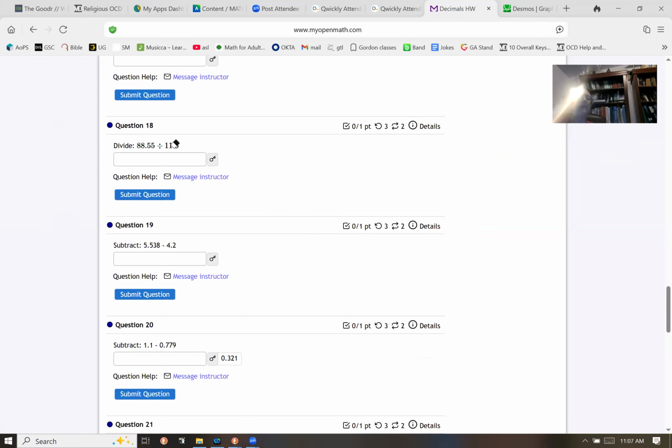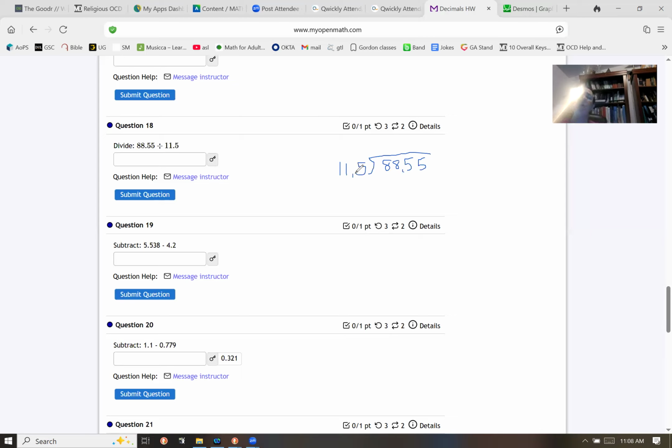We have 88.55 divided by 11.5. So when you were in school, you'd probably learn to write it like this. 88.55, and then you did divided by 11.5.